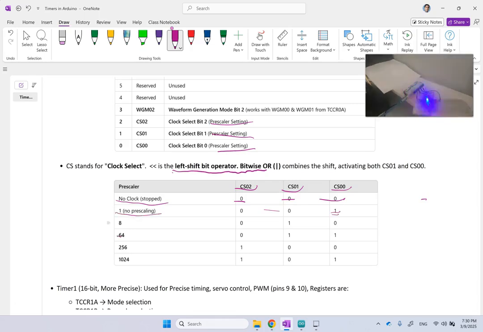But if you want a 64, then you have to have the first one and the second one to 1. If you want 1024, then the third one and the first one are equal to 1. So for instance, if I want to command it to use 1024 prescaler, what should I say? You're right. I say go ahead and use CS02, correct? Yes? Go ahead and use a left shift bit for that to 1.